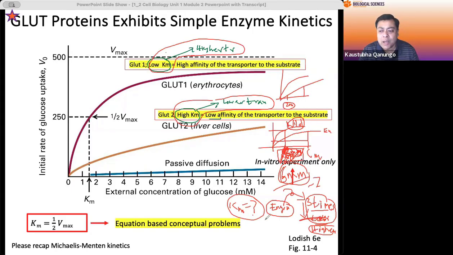If you are given that this is the original and the other one is lower, this was higher at 2 millimolar, and how much lower? 3 times lower. So I just multiplied the Km by 3 to get 6 millimolar.